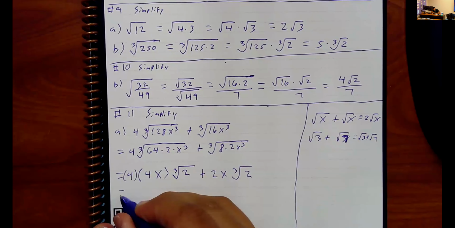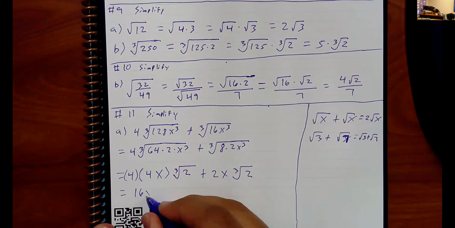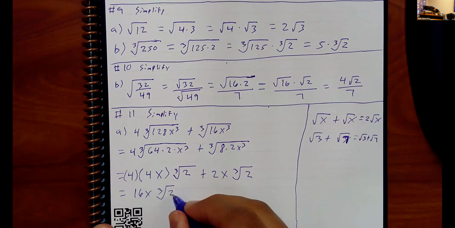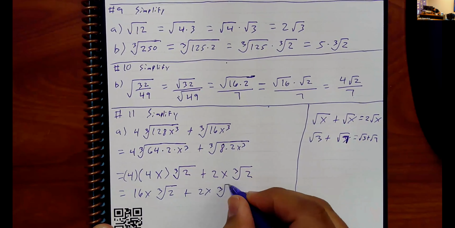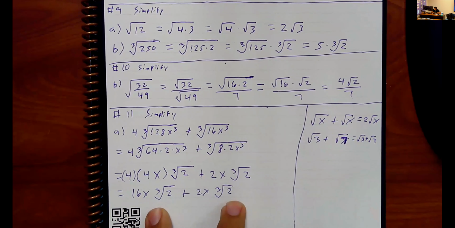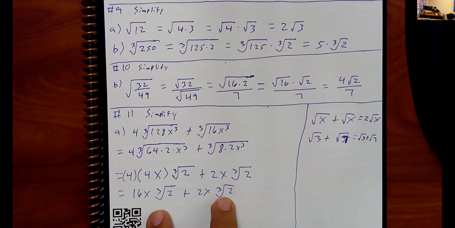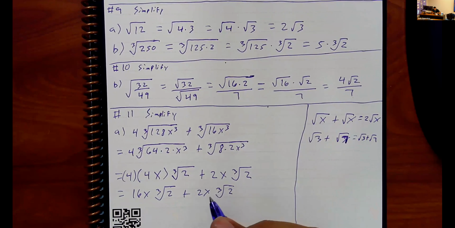So simplify the outside. 4 times 4 is 16. Cube root 2 plus 2x cube root 2. So now the cube roots are the same, right? So this is kind of like 16x or something plus 2x.